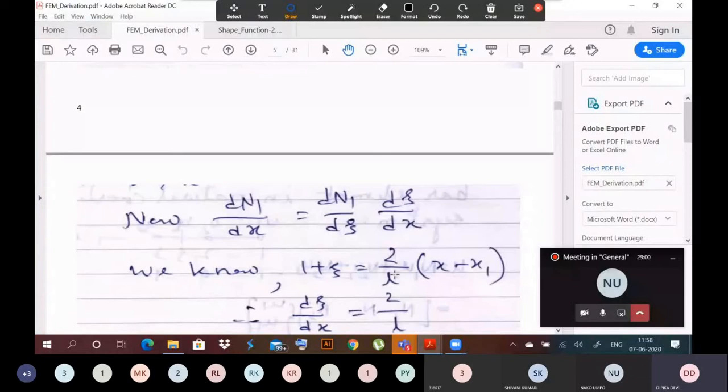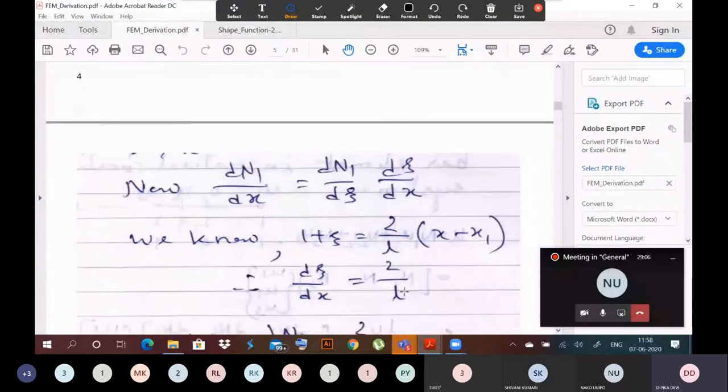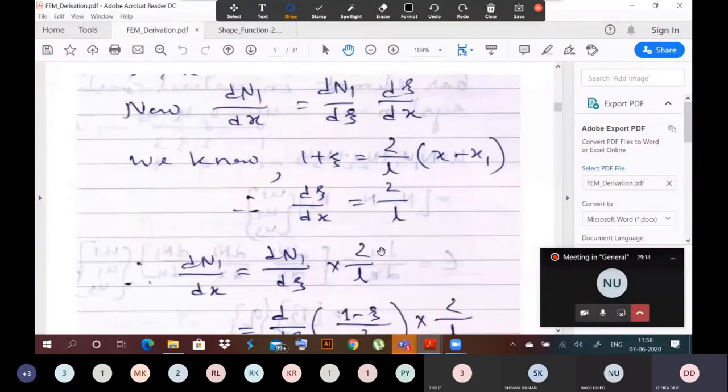Similarly, dn2 by dx will be equal to dn2 by dxi into dxi by dx. Finding the derivative, we will get 1 by l. Therefore, the B matrix is equal to [-1 by l, 1 by l]. We have two entries here. The size of the B matrix for a two-noded bar element is 1 by 2. So we have derived the B matrix for a two-noded bar element.